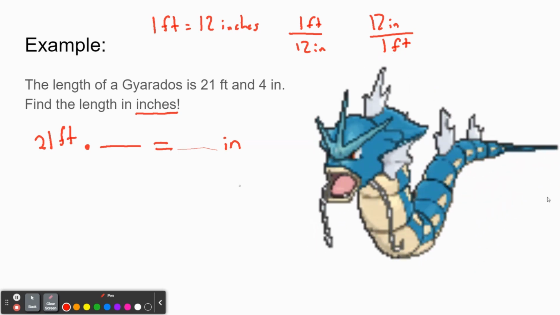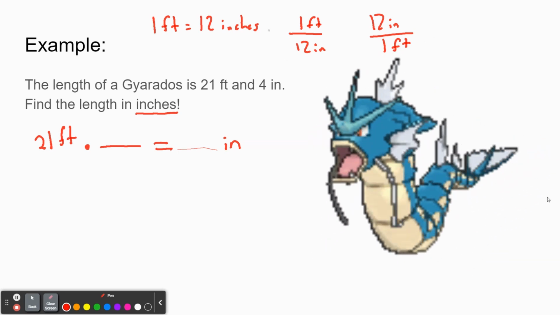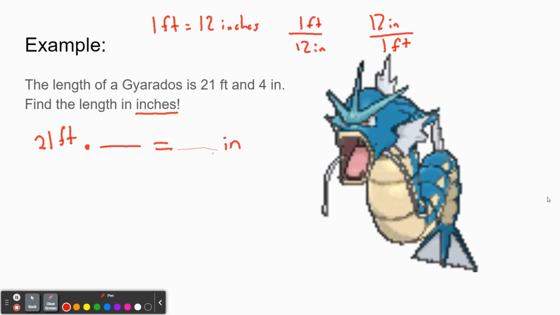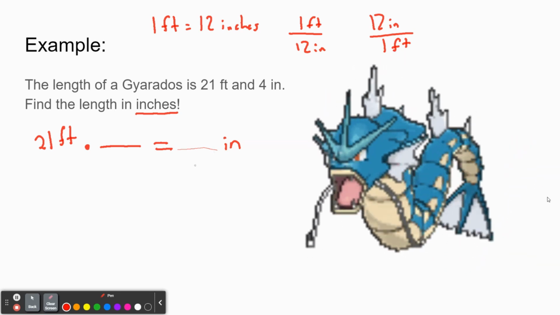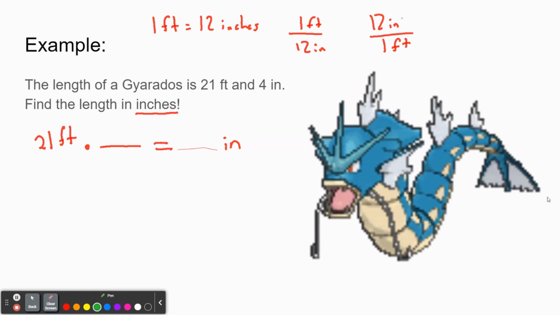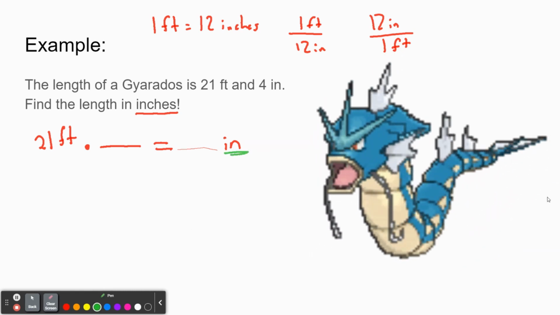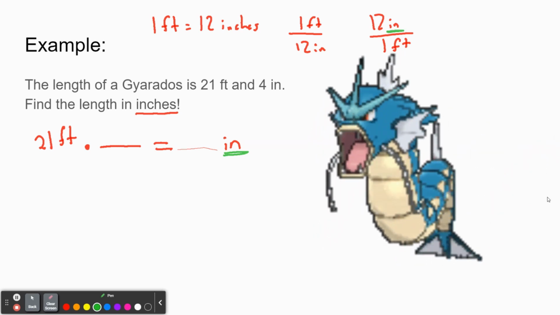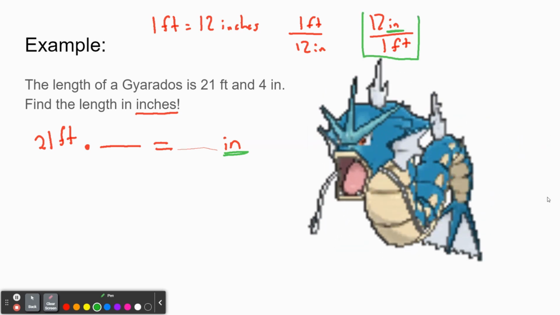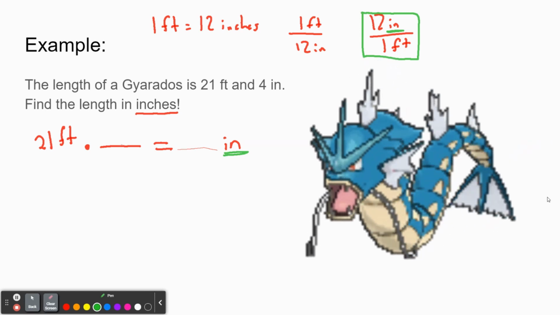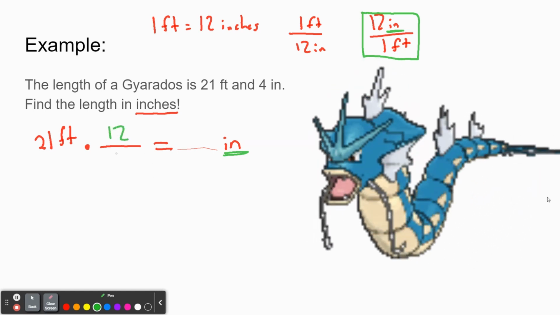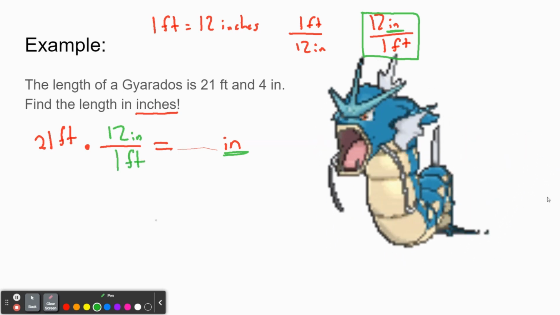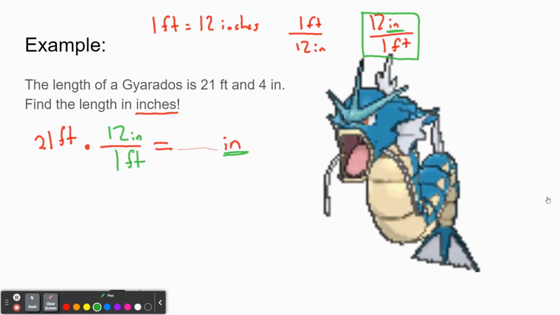Now, as for which ratio, which rate we use, we want to use the one that's got the units that we want to get on top. So since we want to get inches, we have to use the one where inches is featured on top of our fraction. So we'll write this here, 12 inches over 1 foot, and then we just have to do some multiplication.